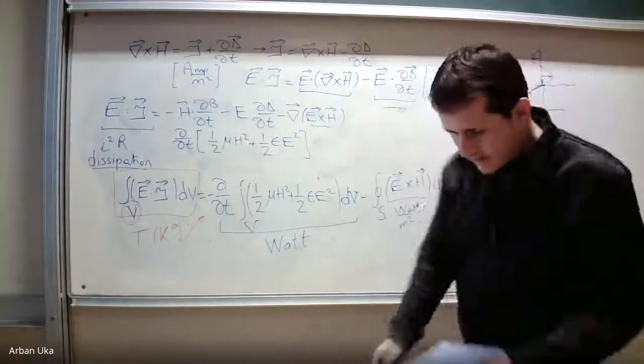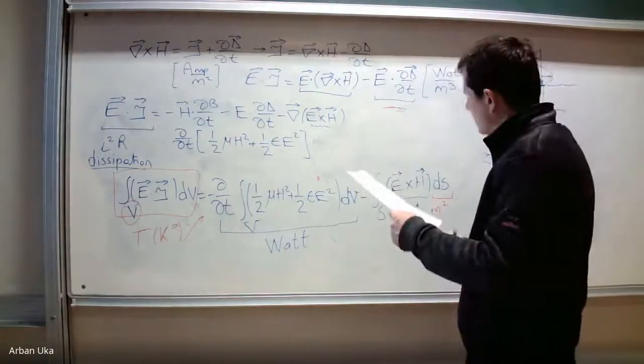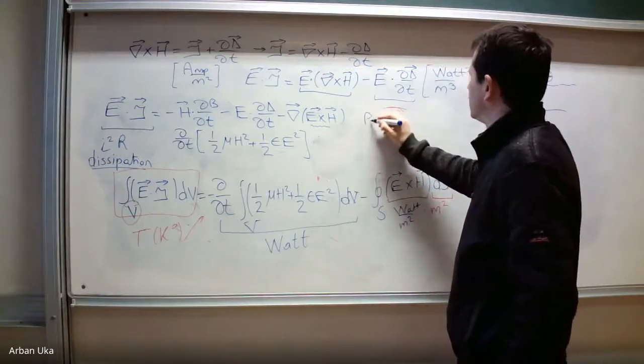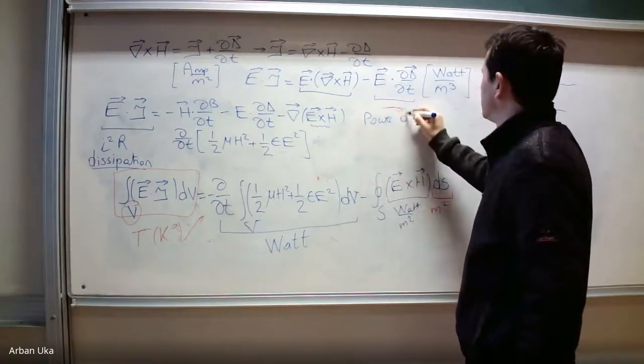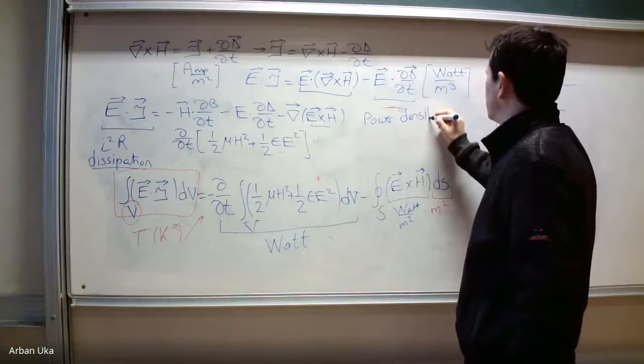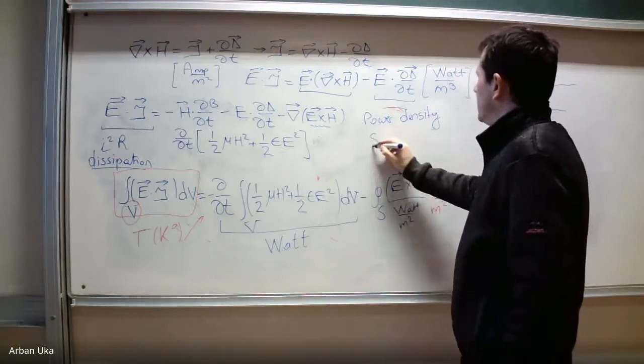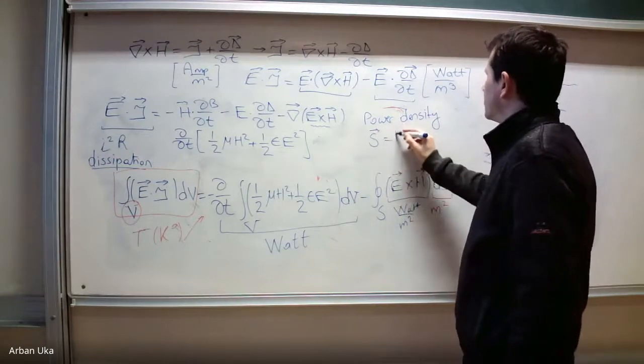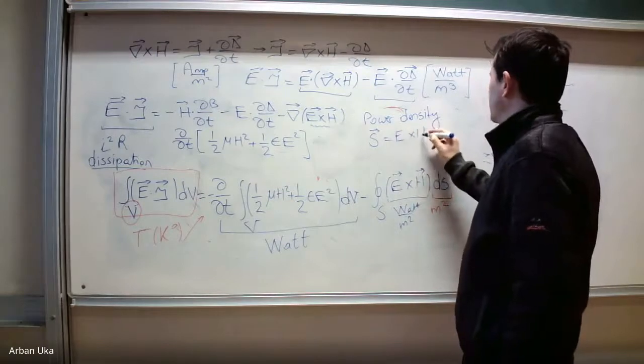So we define a vector which is called the power density. And power density S is equal to E cross H.